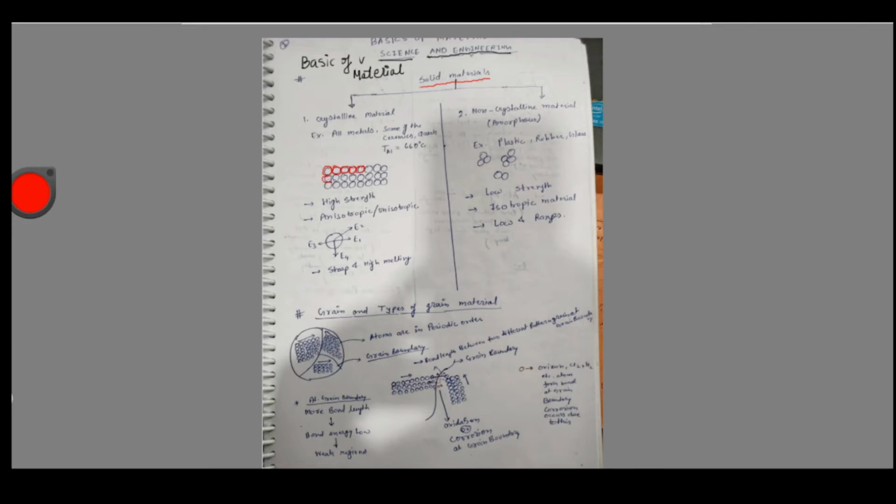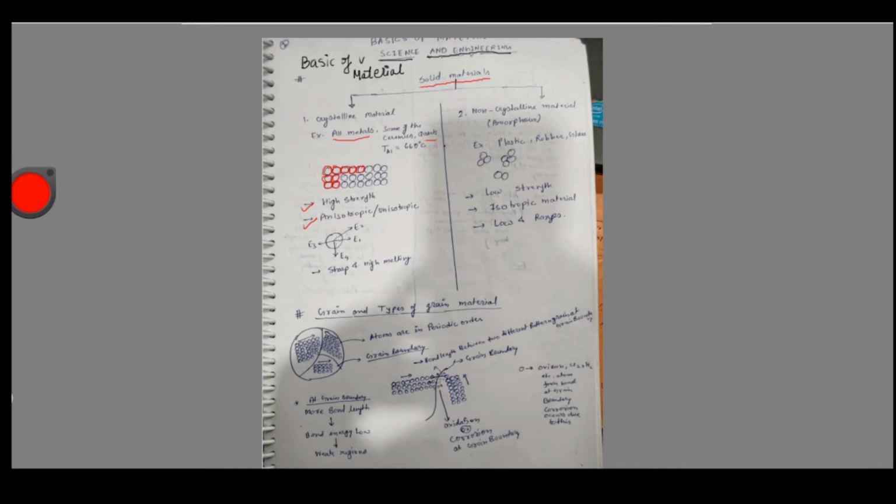Examples of crystalline material are all metals and some of the ceramics and quartz. And the crystalline structure has high strength due to the symmetrical pattern of the arrangement of the atoms, and these are anisotropic in nature.